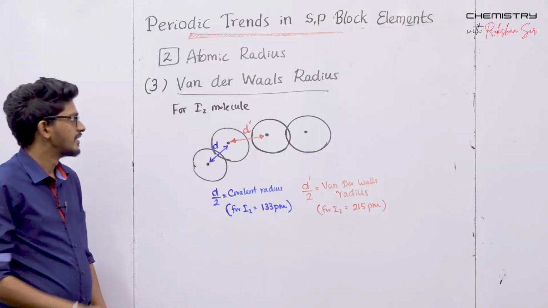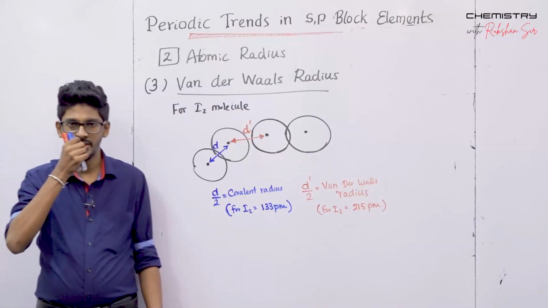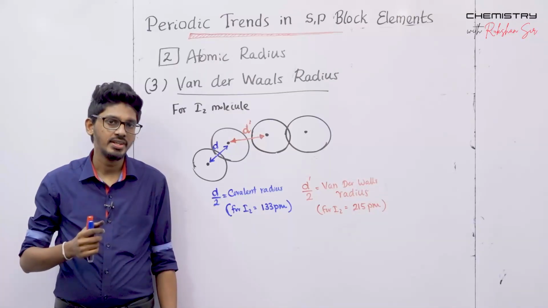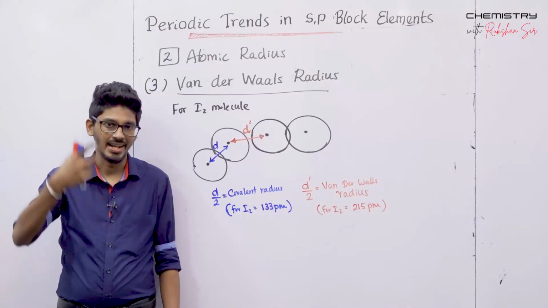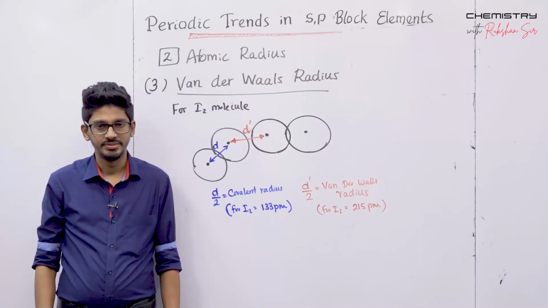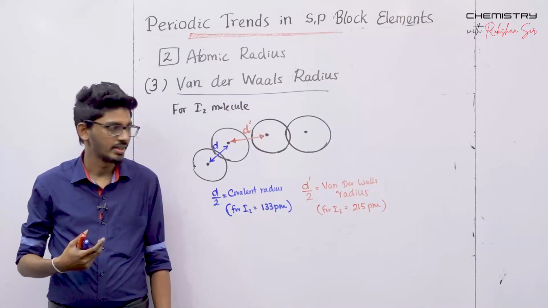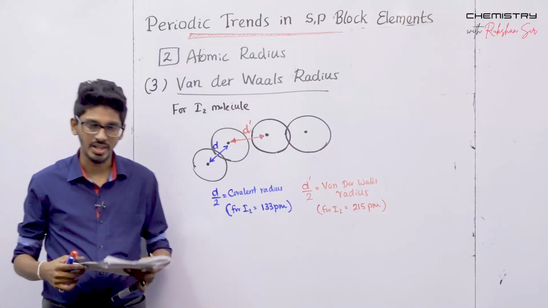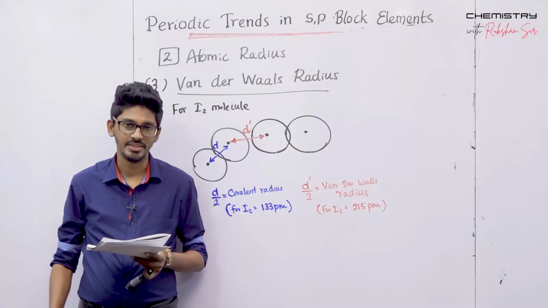So with the use of these three methods, the metallic radius, covalent radius, and the Van der Waals radius, the scientists have calculated the atomic radii of the atoms of the periodic table. Those values are given in your notes as the next part.